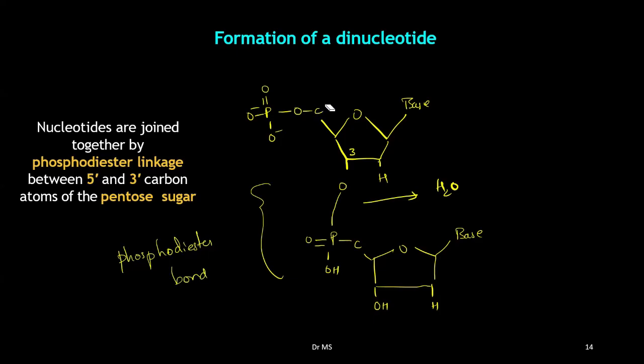The bond between the fifth carbon and phosphate group is called the phosphoester bond. And the bond between this nucleotide and this nucleotide happened by losing a water molecule. So this is a phosphodiester bond.